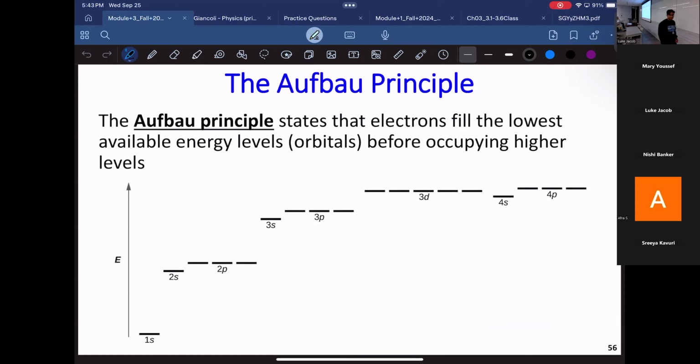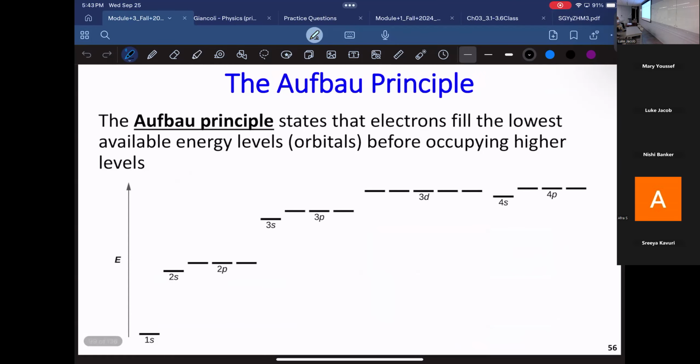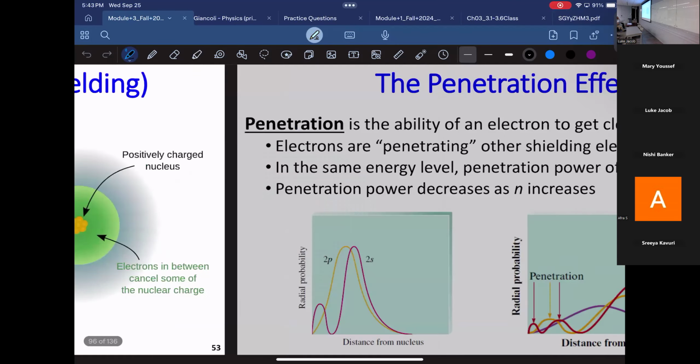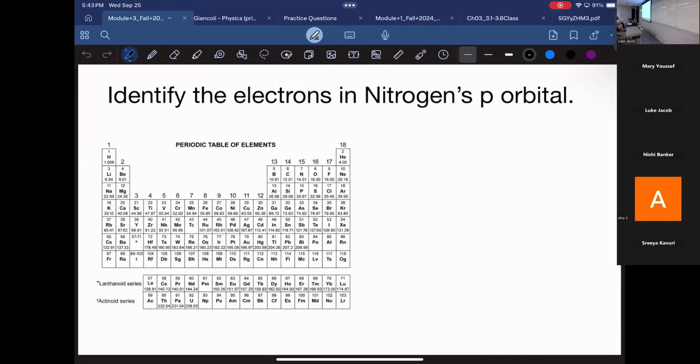So basically, chromium. How many electrons does chromium have? 24, yes, Cr, 24.